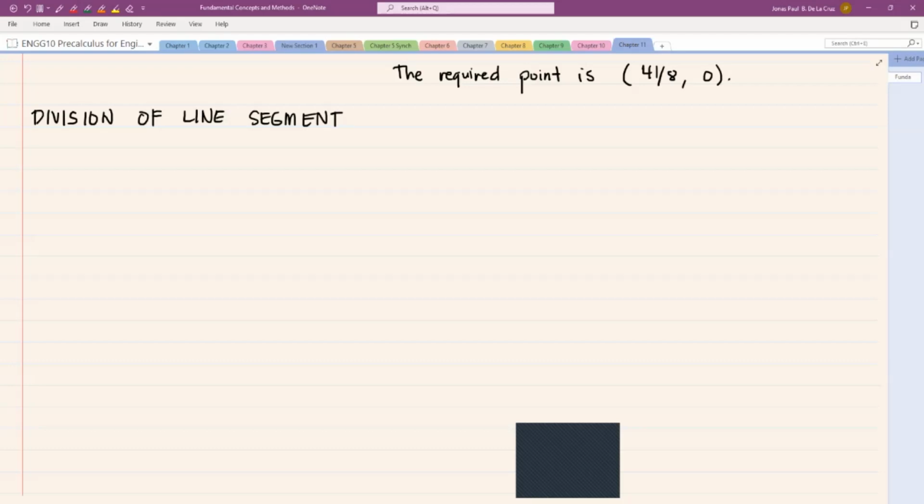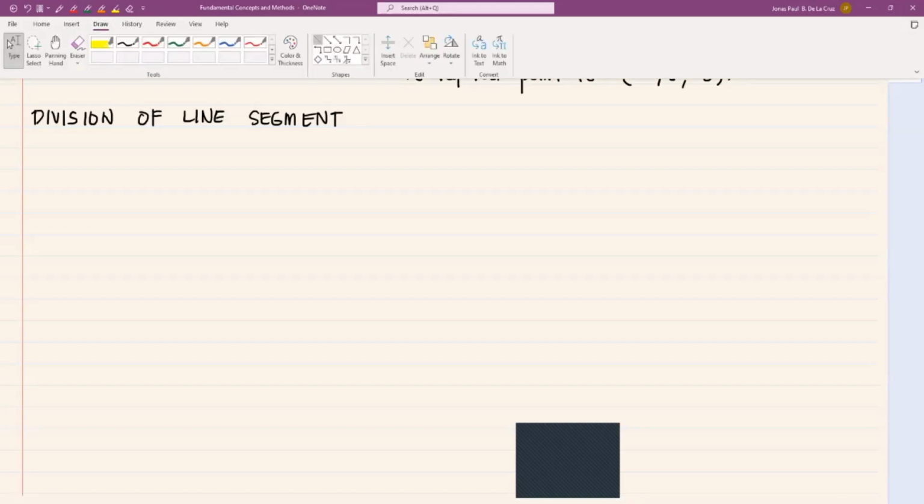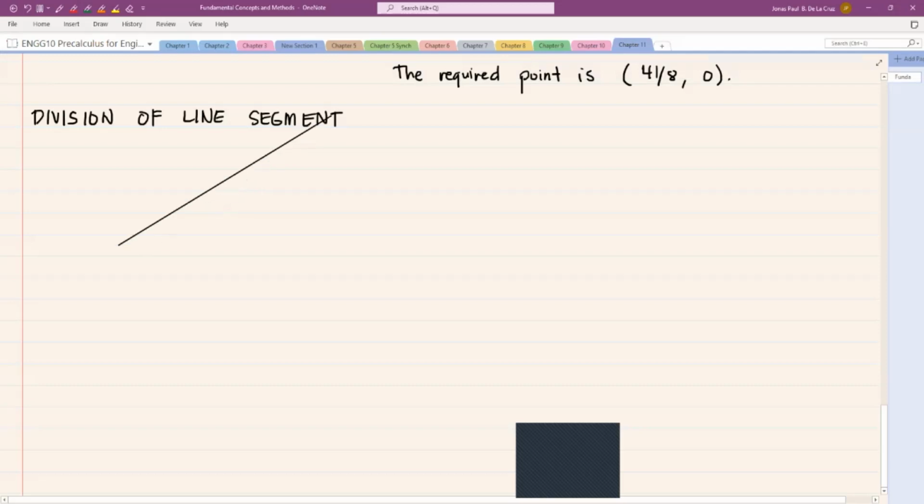Okay, suppose kagaya kanina meron tayong line segment P1 and P2.